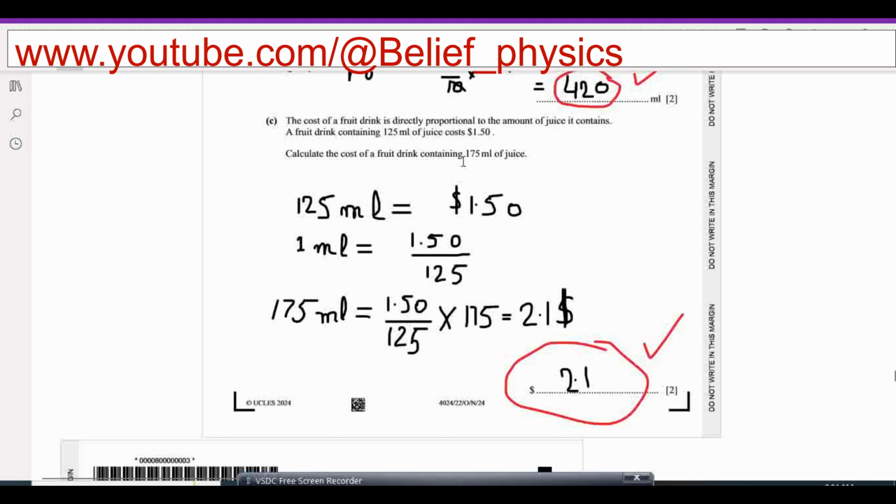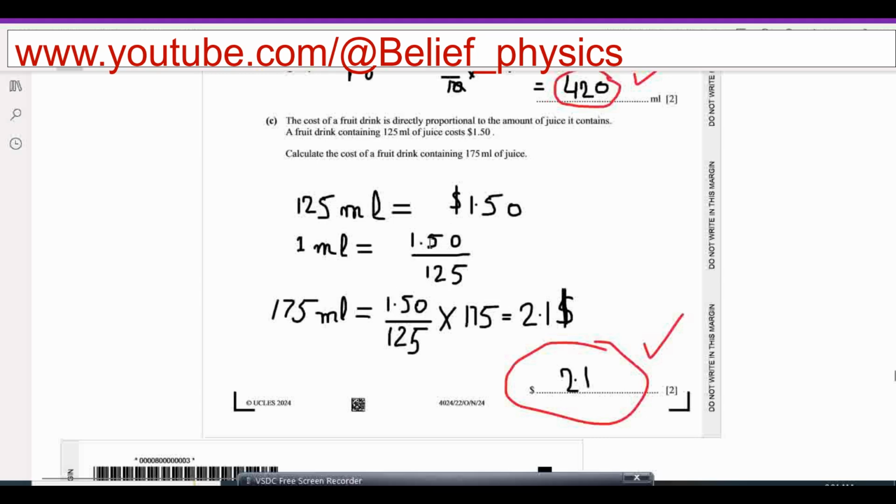So it is a unitary method question. 125 milliliters is equal to $1.5. So the cost of 1 milliliter will be equal to 1.5 over 125, because when you divide both sides by 125, it becomes 1 milliliter and 1.5 over 125. So 175 milliliters will be equal to the cost of 1 milliliter into 175.